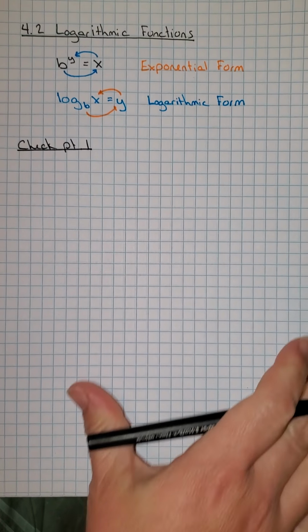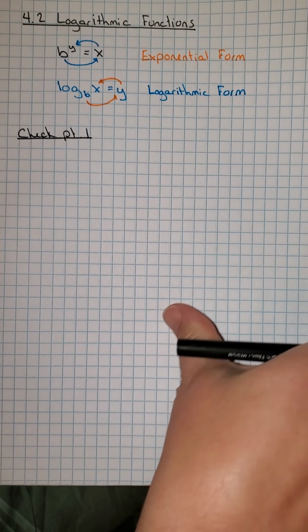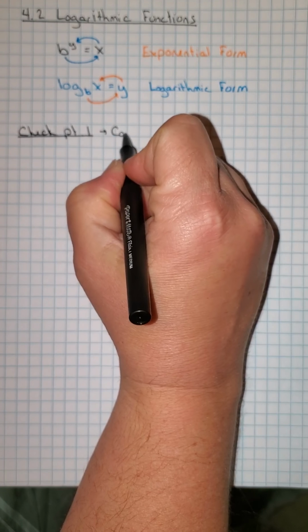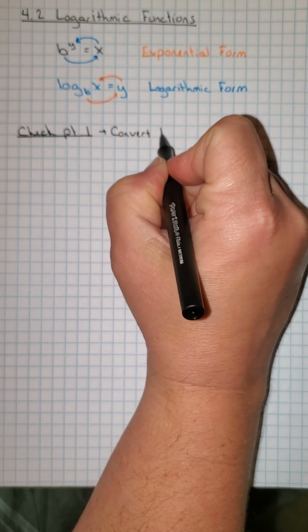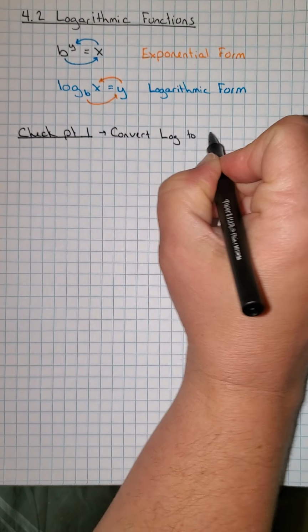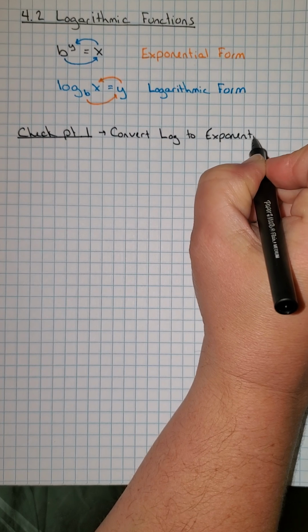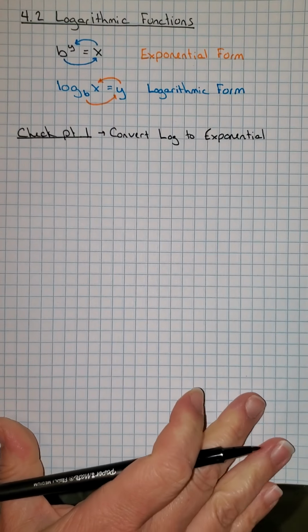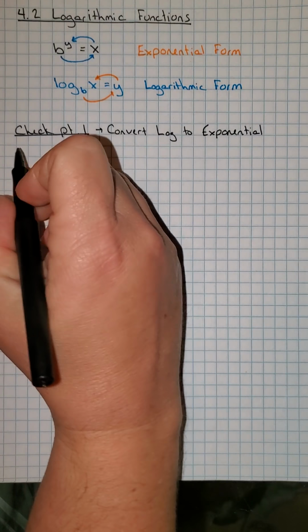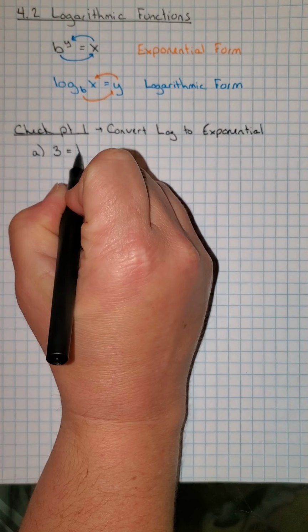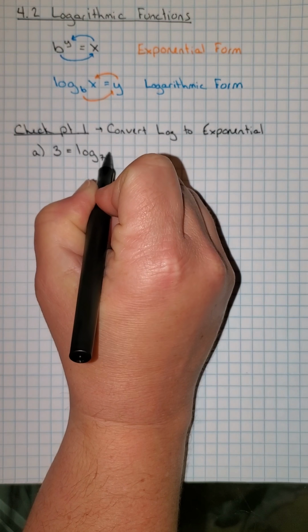In checkpoint 1, we are going to write as an exponential form. So we're going to convert log to exponential. We have 3 problems to do for checkpoint 1. We have 3 equals log base 7 of x.